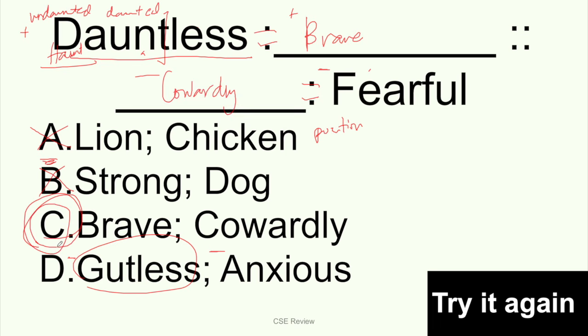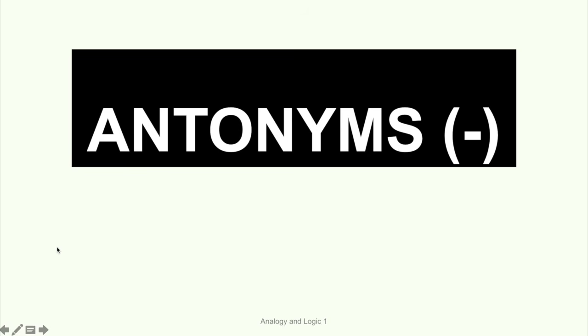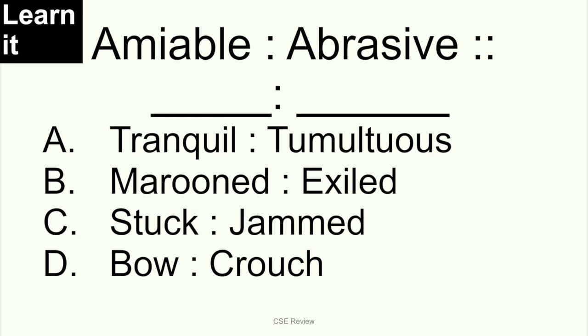Okay? Now, we're going to move on to the next relationship, which is antonyms. Napag-usapan na rin naman natin. Ang antonyms is anti-name or kabaliktaran. Okay? So, it's a negative. Example, ito.